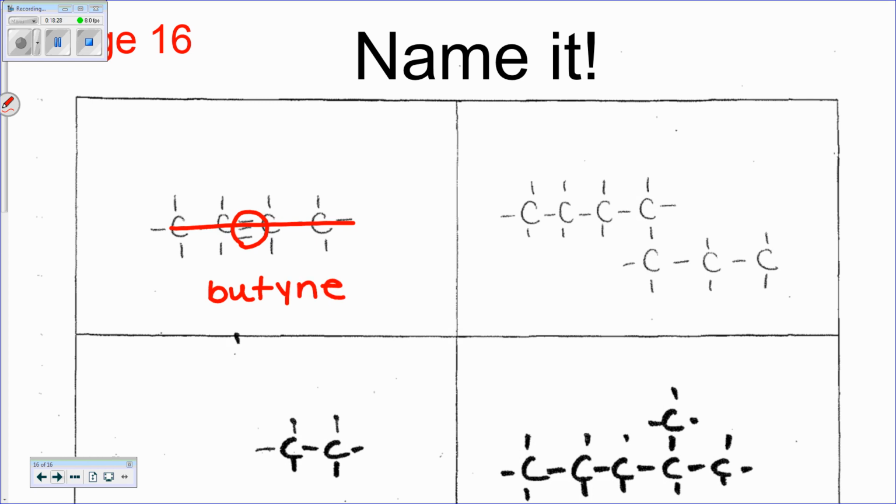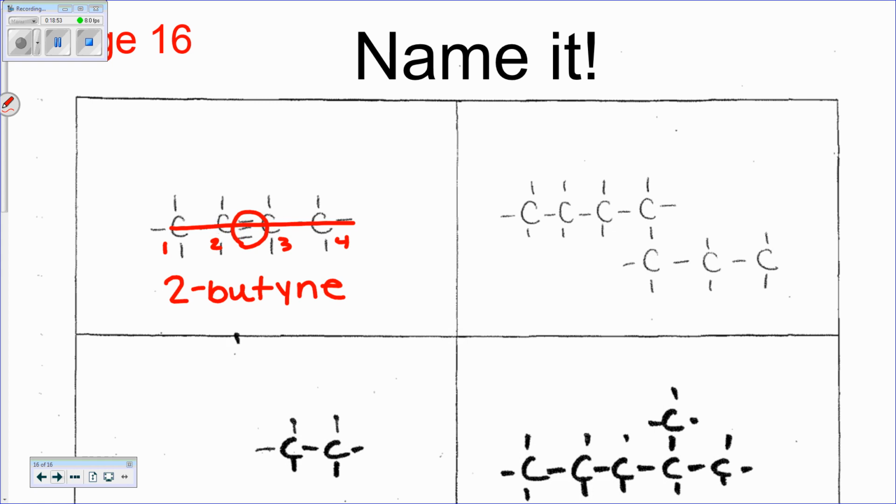And remember how I told you before, just put it on the end so you wouldn't have to name it? Well, we didn't put it on the end this time. So now I need a location for that. If I were to number it 1, 2, 3, 4, it rests between the 2 and 3. So you call it 2-butyne. The second carbon starts a triple bond.